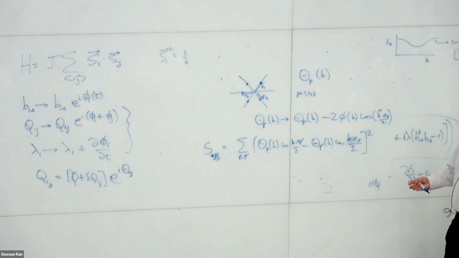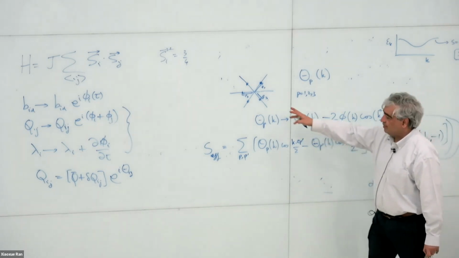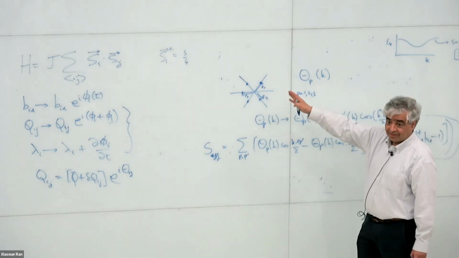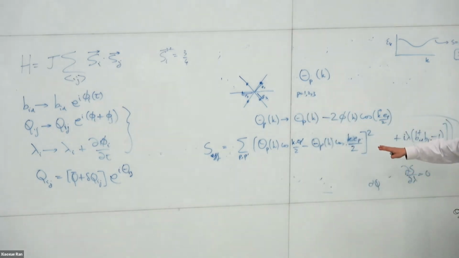But on the square lattice, there are only 2 values of theta_P. You don't have 3 neighbors, you have only 2 neighbors. And then there is a value of K for which both of these vanish.